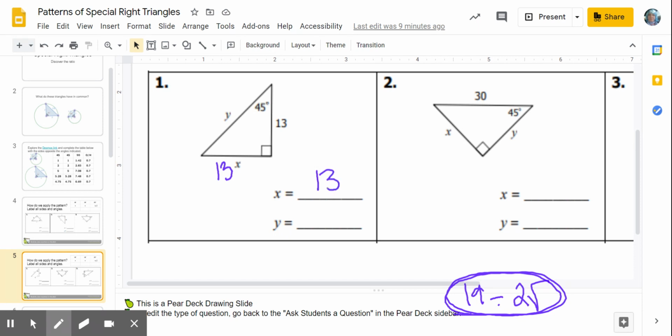The two legs are congruent because the two angles in an isosceles triangle are congruent. So now we can go to Desmos and do 13 times the square root of 2. And what do we get? Should be something bigger than 13. I like 18.4.